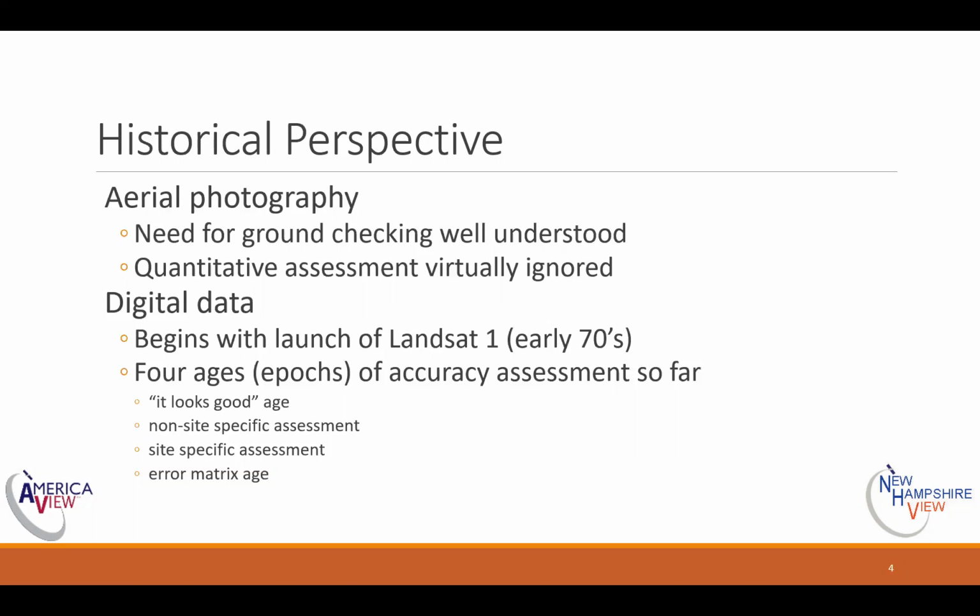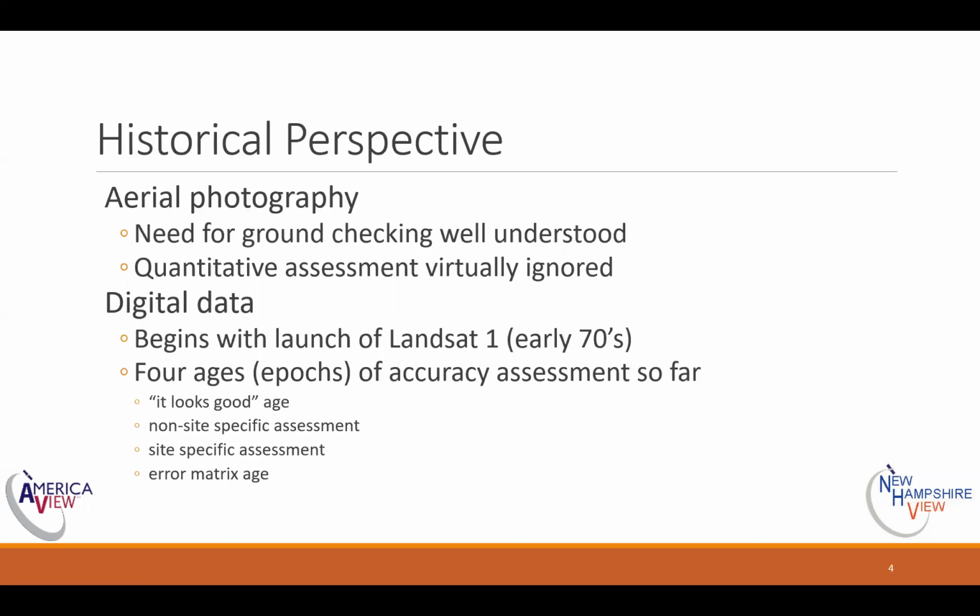Then along came the digital data. And when we had digital data, of course, the first thing we wanted to do, in the early 70s, when we got Landsat 1, and everybody said, well, how good is this? And so what would you compare it to? Well, you would compare it to the aerial photography. So that assumed that the aerial photography was the reference data, and assumed that the aerial photography was significantly better or more accurate than the satellite imagery.